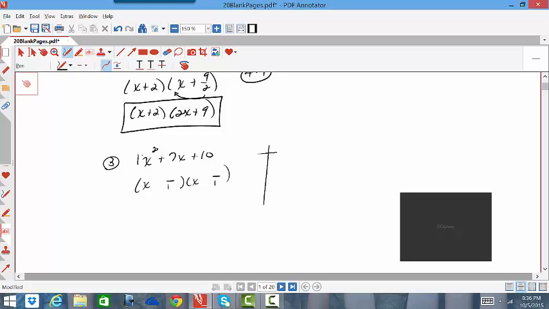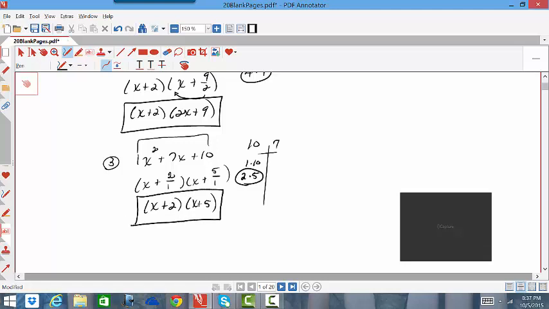I build a table. 1 times 10 is 10, and the middle coefficient is 7. List factors of 10 until I get a set that will multiply to be 10 and add to be 7, which is 2 and 5. So it's a positive 2 and a positive 5, which results in an x plus 2 times an x plus 5, and it is factored.